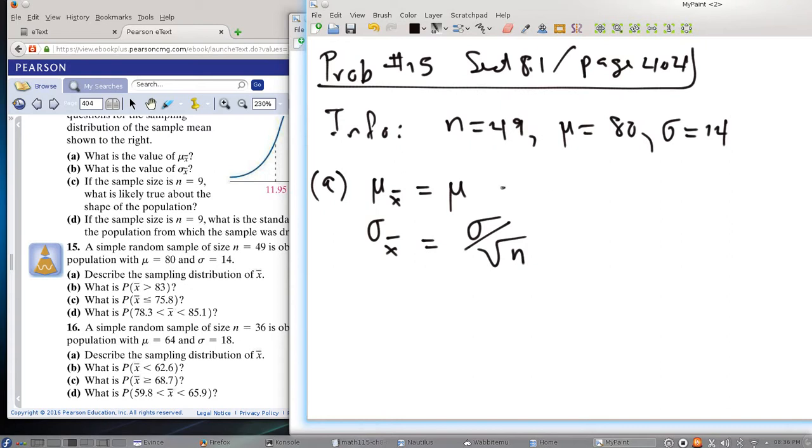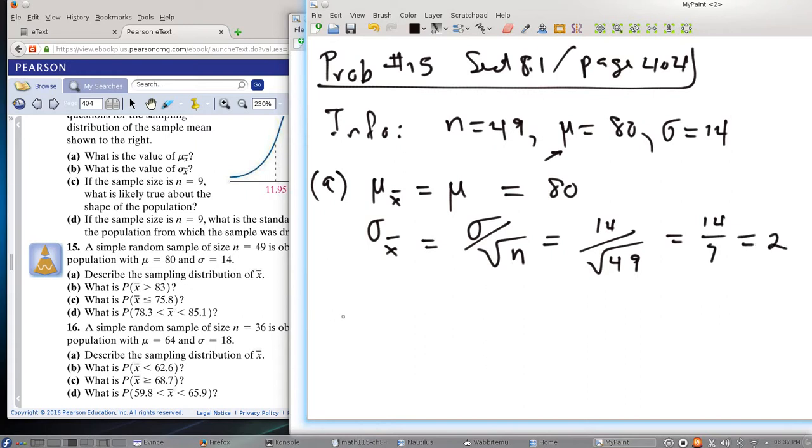Clearly, you see here the mean value is given to us already, so ultimately the sampling distribution will have a mean of 80 and a standard deviation of 14 divided by the square root of 49, or 14 over 7, or 2.